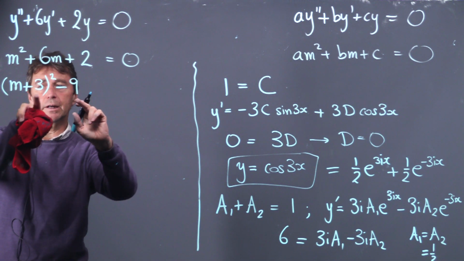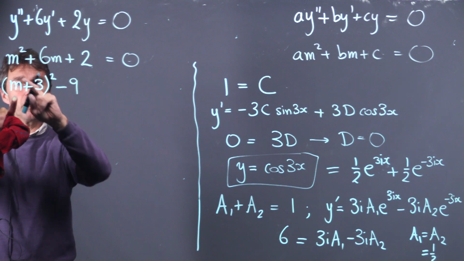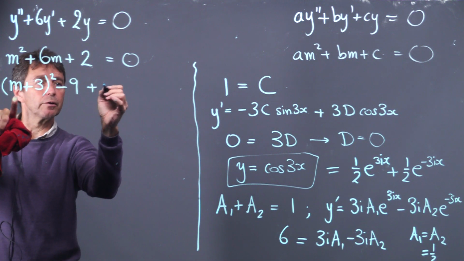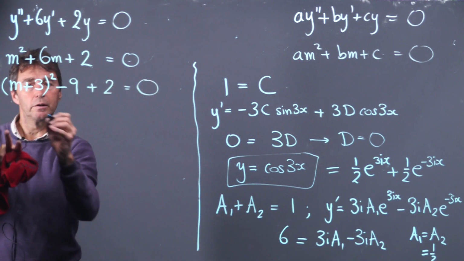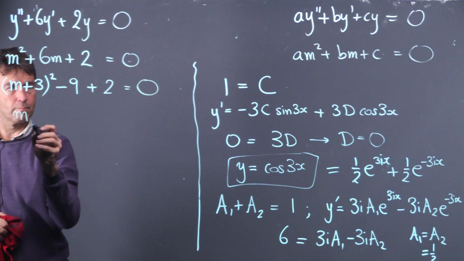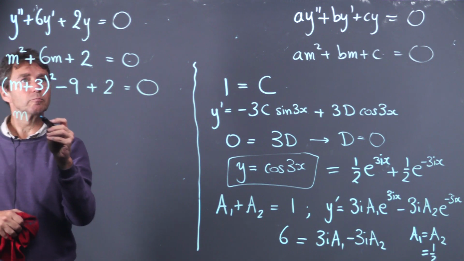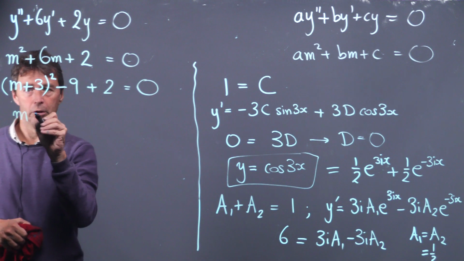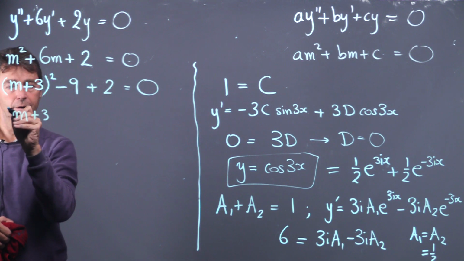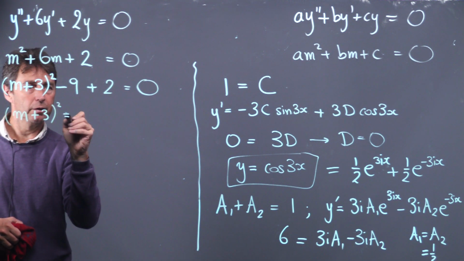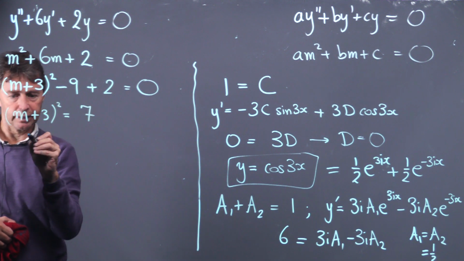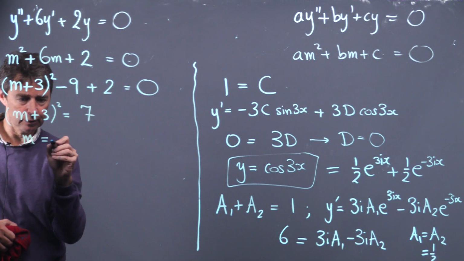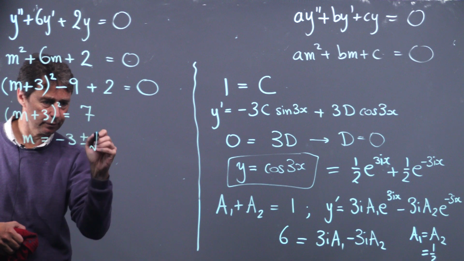Expanding that out, the 9 cancels and I get m squared plus 6m, and now I've got the 2 there equals 0. So this is m plus 3 squared is equal to 7. Then I can take a square root. m is equal to minus 3 plus or minus the square root of 7.